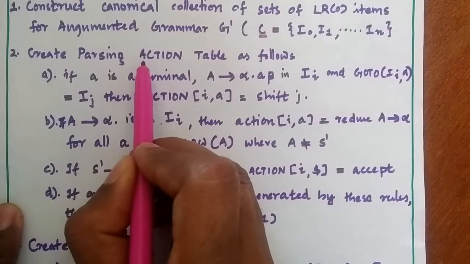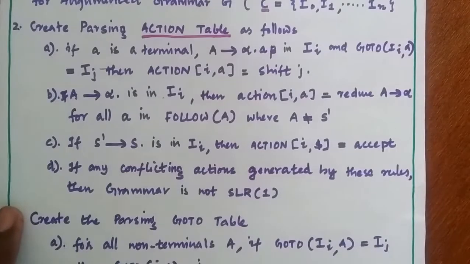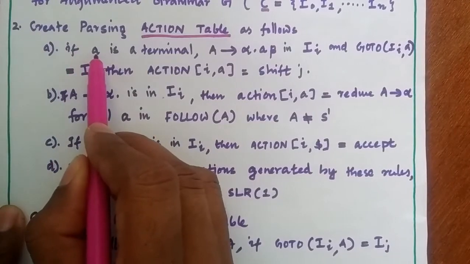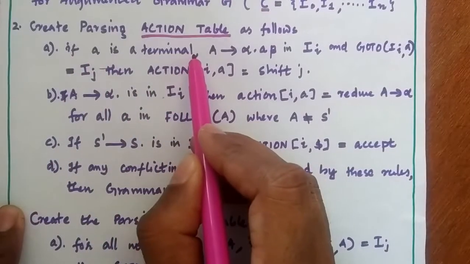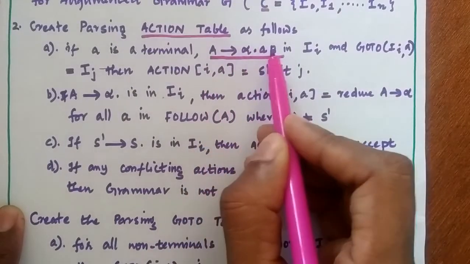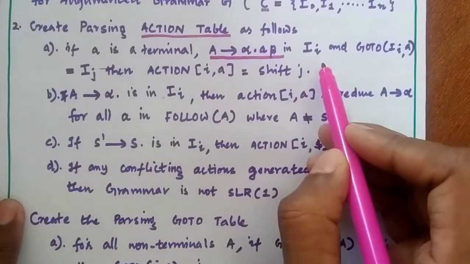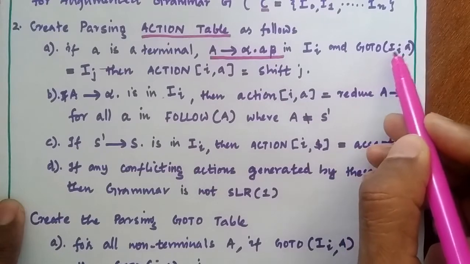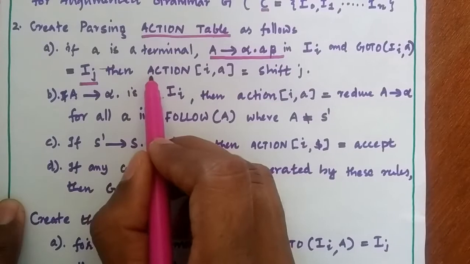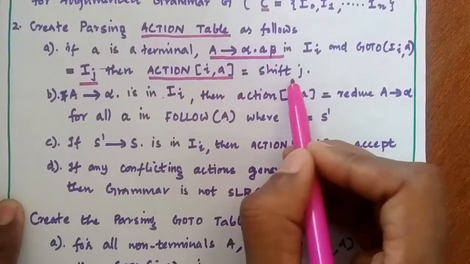So first, how will we construct the action table? Let us see. There are 4 rules. Rule 2a: if small letter a is a terminal, and A gives alpha dot a beta is in Ii, and goto(Ii, a) is equal to Ij, then action[i, a] is equal to shift j.